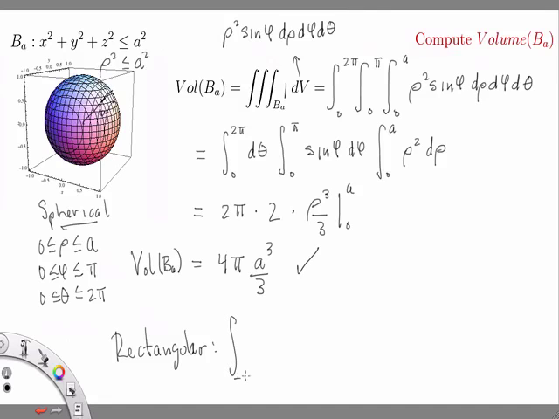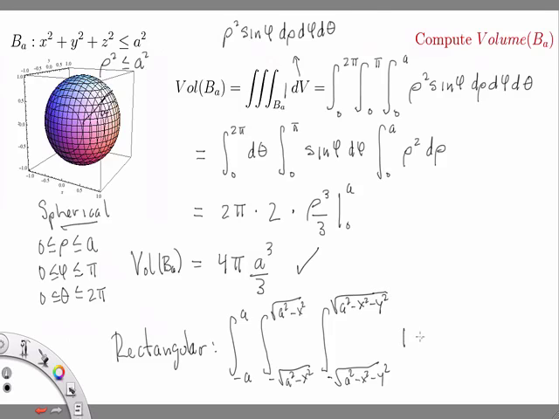Just to write them out, we get minus a to a for the x bounds, minus the square root of a squared minus x squared and then plus the square root of a squared minus x squared for the y bounds, and then minus the square root of a squared minus x squared minus y squared, and then positive that for the z bounds.